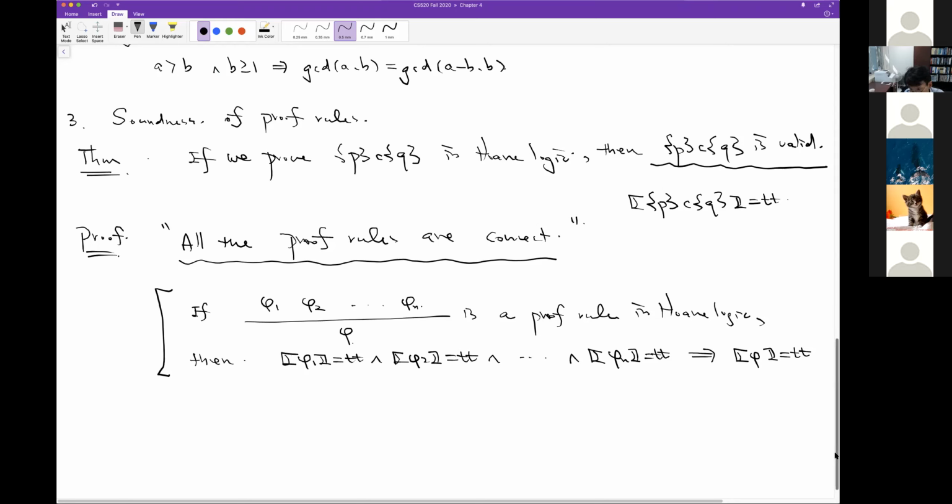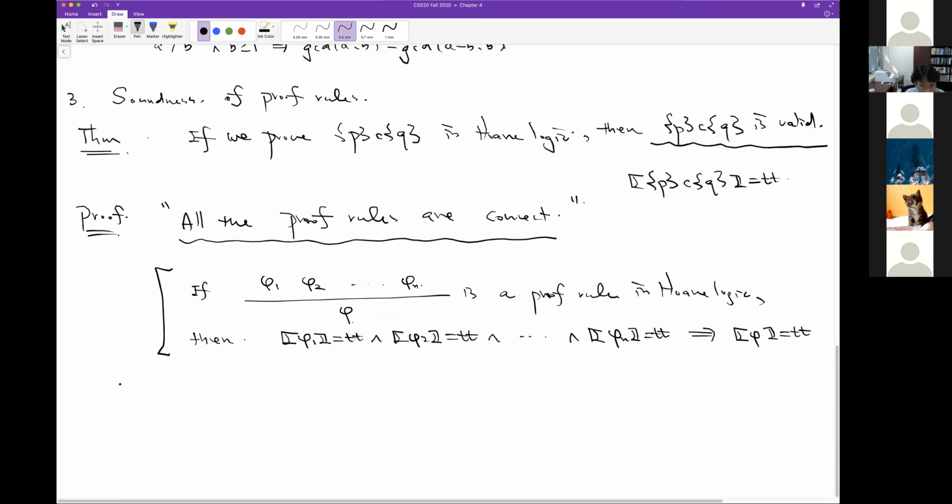So I want to cover two rules in this lecture, but before that, I think the best way is for you to spend some time to think about how to do the proof, and then I will give you an answer. Here are two proof rules we want to think about. The first is the backward rule for assignment.